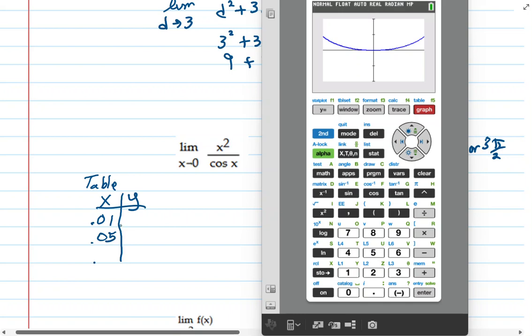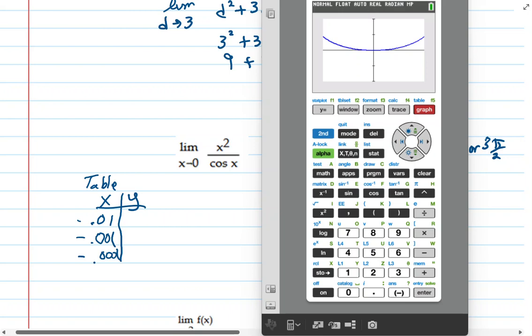Let me do it the other way. 0.01, which is 1 100ths. And then I can do 0.001 and 0.0001. Okay, and these are all in the negative. And that's just a small part going into the large.